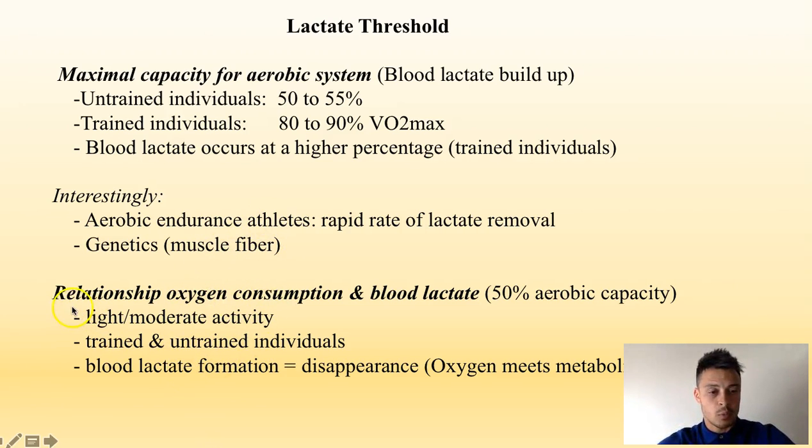Also, we see here the relationship between oxygen consumption and blood lactate. For trained or untrained individuals exercising at a light to moderate activity, let's say 50% of aerobic capacity, blood lactate formation equals disappearance, meaning that oxygen meets metabolic demands.